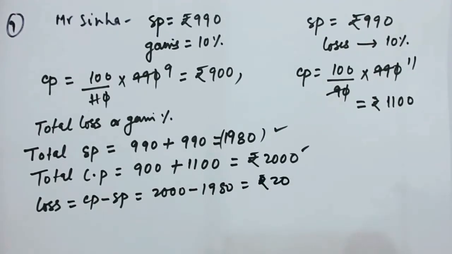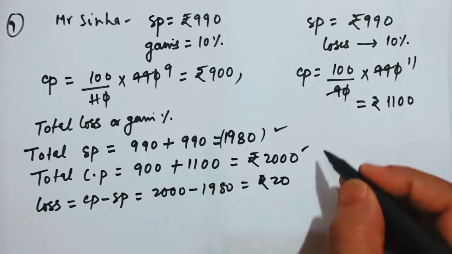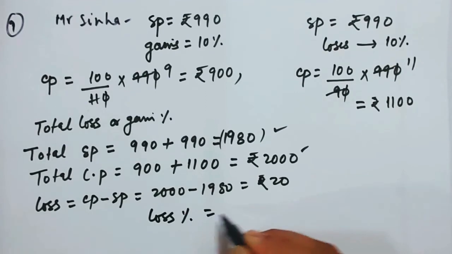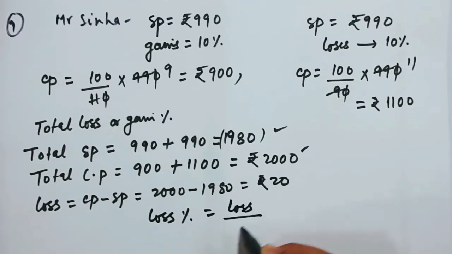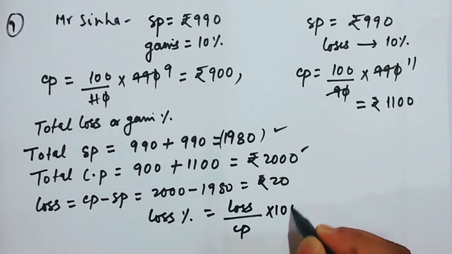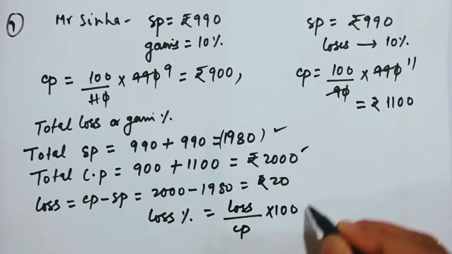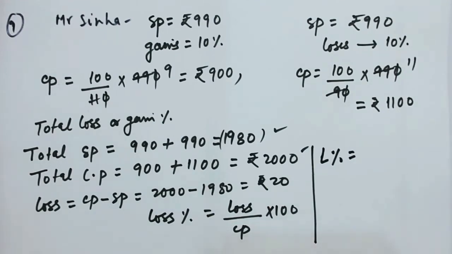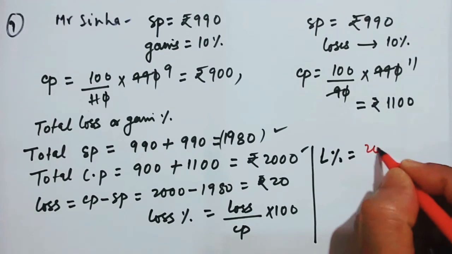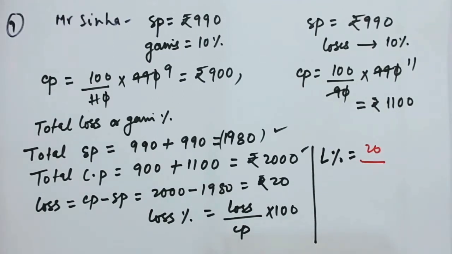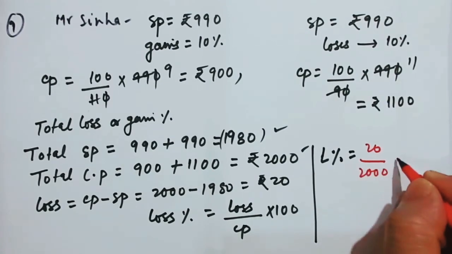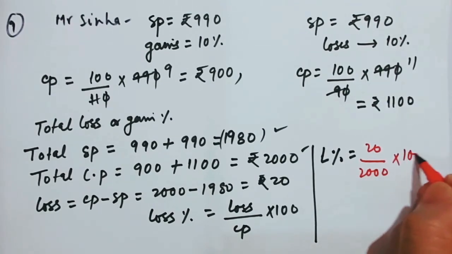So loss it should be. So come on, let us find the loss percent. Do you know the loss percent? Loss percent is equal to loss by cost price into 100. You should know this. So using this formula, loss by cost price, where is the cost price? Total cost price is 2000 times 100.